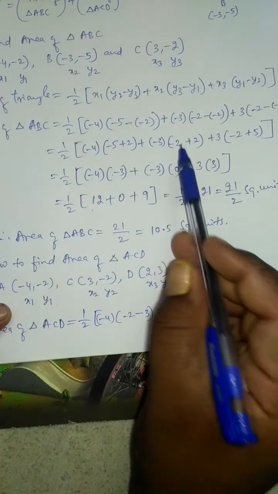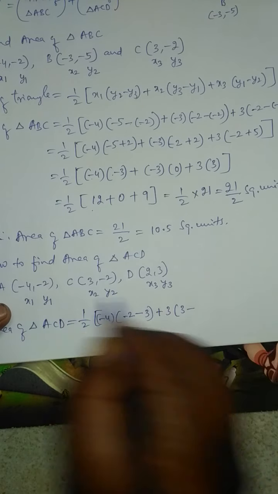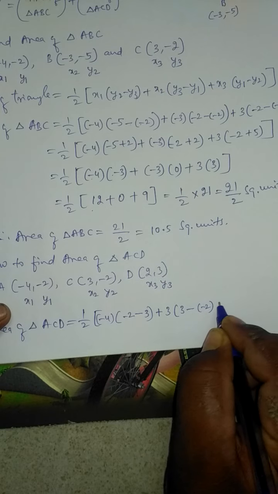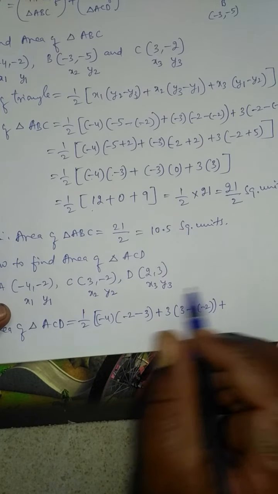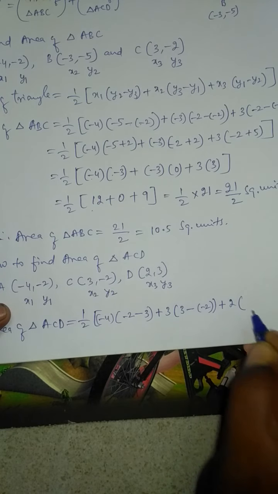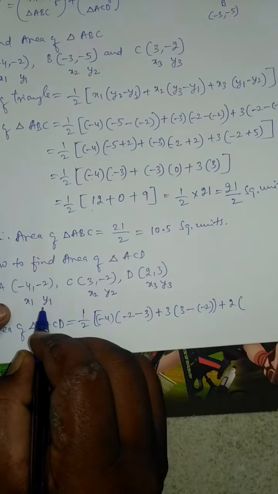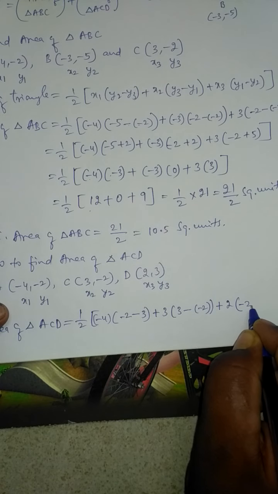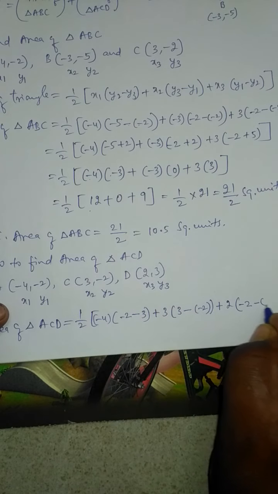So x2 into y3 minus y1, y3 is 3 minus y1 is minus 2, then plus x3 value is 2 into, what you have to write, y1 minus y2, y1 is minus 2 minus y2 is minus 2.